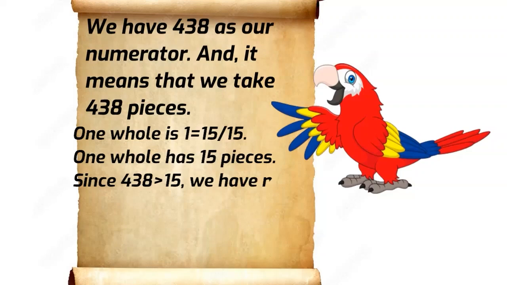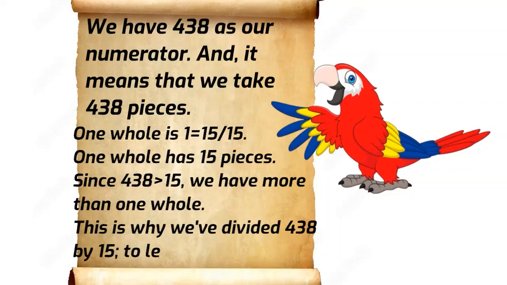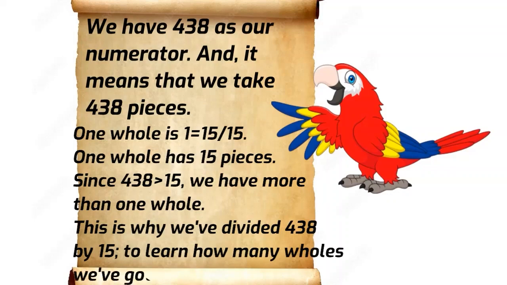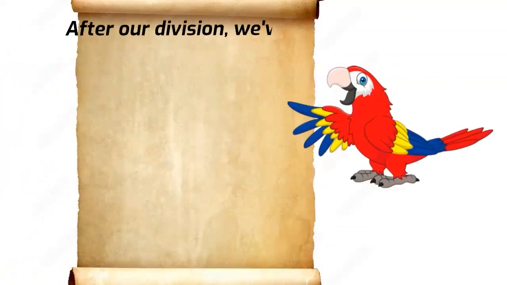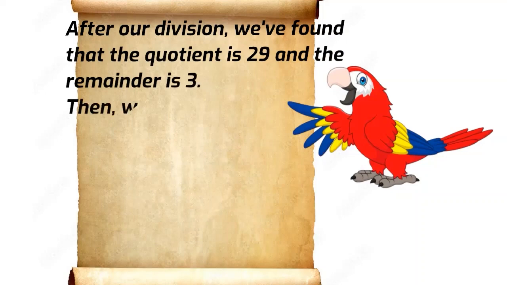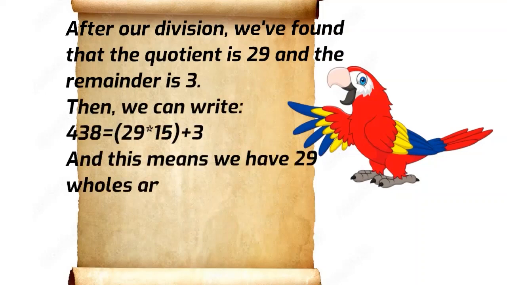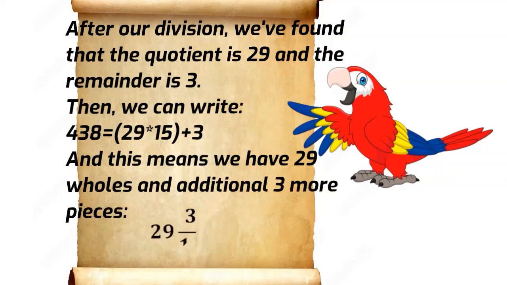Since 438 is greater than 15, we have more than one whole. This is why we've divided 438 by 15, to learn how many wholes we've got and what's left. After our division, we found that the quotient is 29 and the remainder is 3. Then, we can write 438 equals 29 times 15 plus 3. And this means we have 29 wholes and an additional 3 pieces.